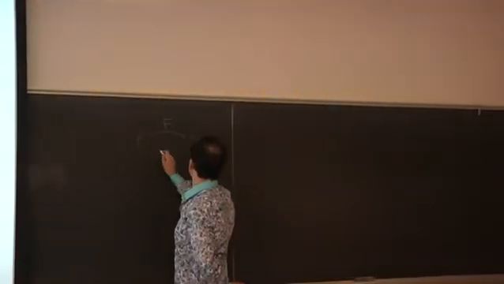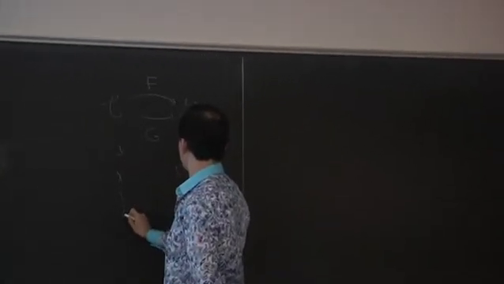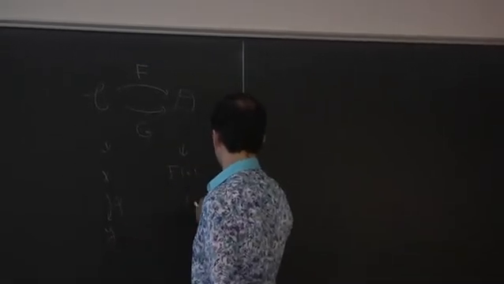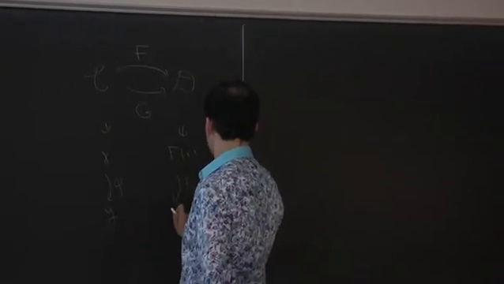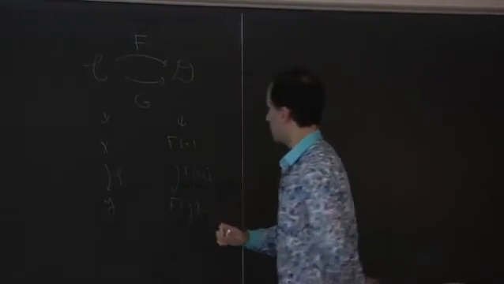So if you have categories C and D, you have two functors F and G. What does a functor do? A functor assigns to an object x an object F of x in D, and to a morphism from x to y a morphism in D. That's a functor.